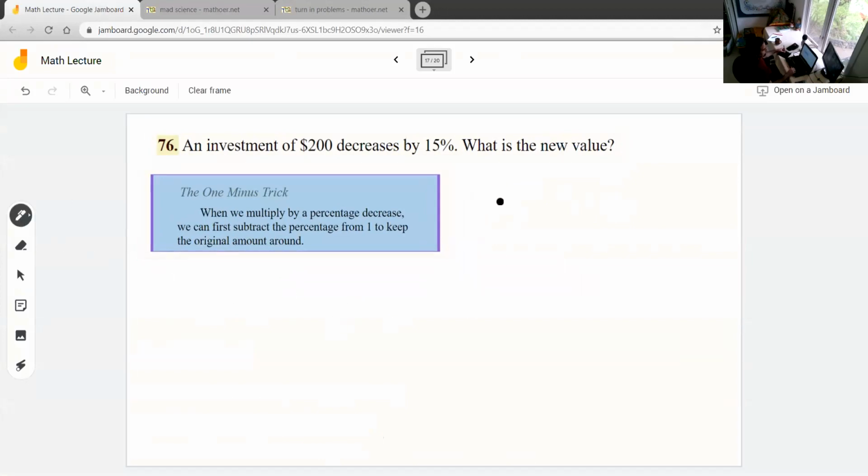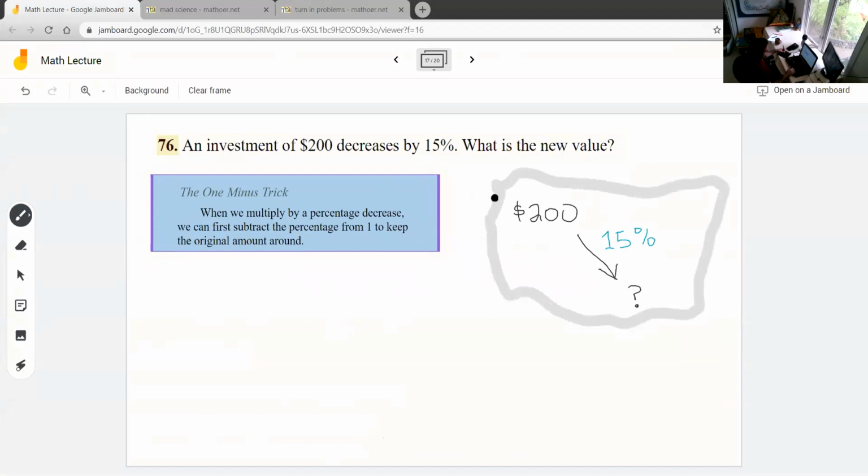So here we're starting at 200. We're going down by 15%. We're going to want some new amount. So let's think about how to do this.